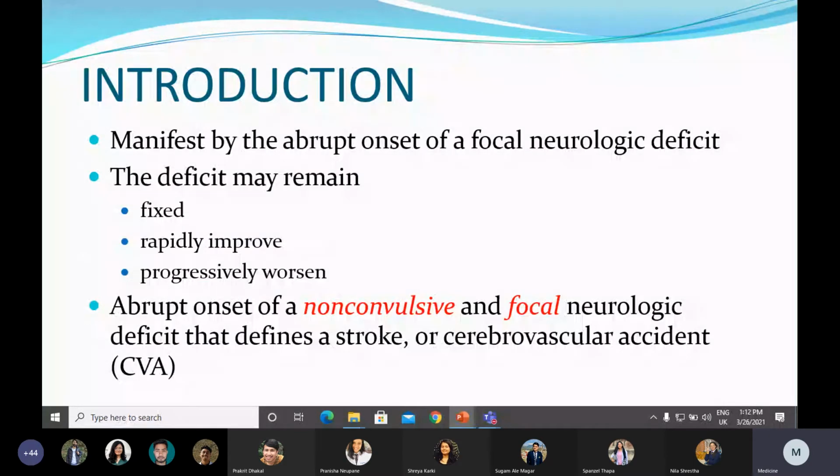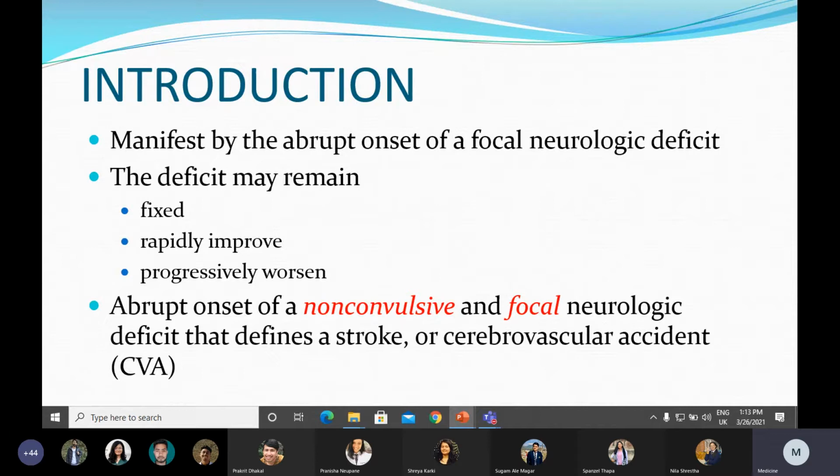So it generally manifests as an abrupt onset of neurological deficit, and that should be a focal neurological deficit. This deficit may remain fixed, or rapidly improve, or may progressively worsen depending upon the pathophysiological mechanism of that stroke.